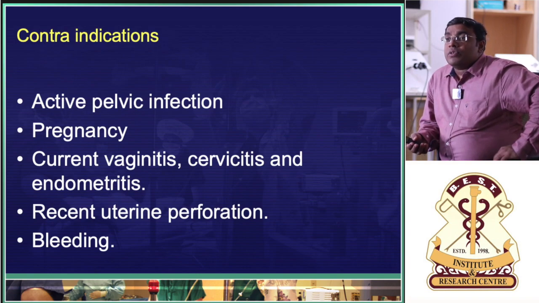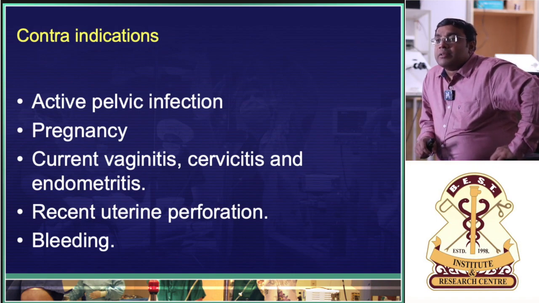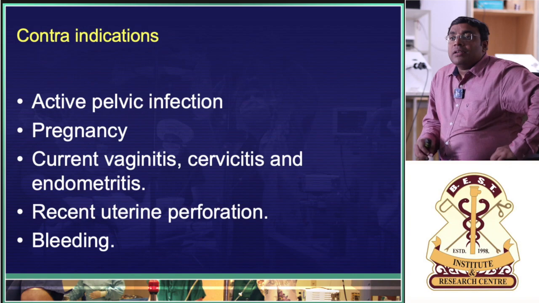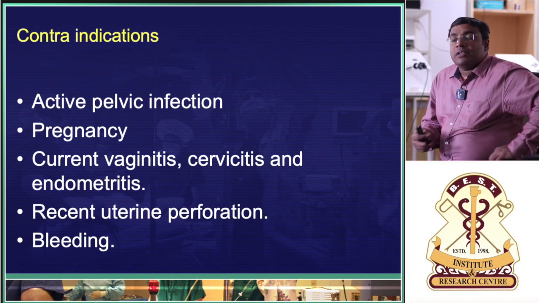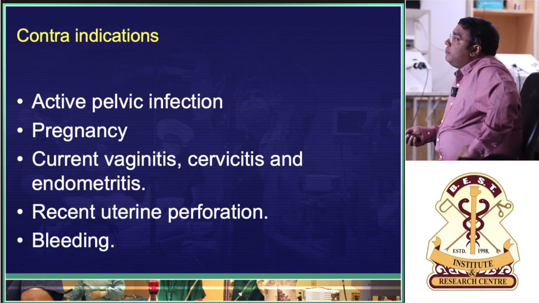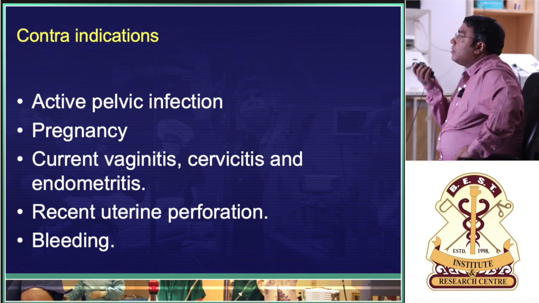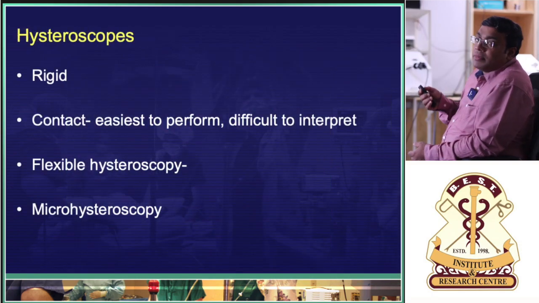The outflow sheath of the diagnostic hysteroscope will help in clearing the blood clots and the blood, and then you will get a better vision so that you will be able to identify the pathology. Then only you can do a definitive procedure. So all these are the same.